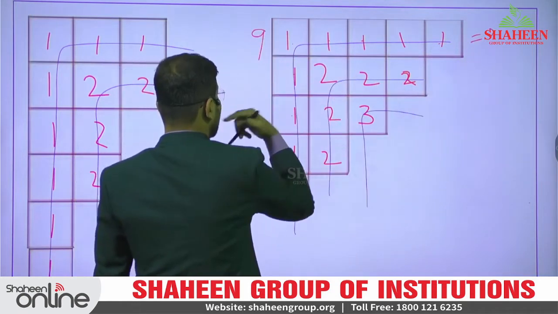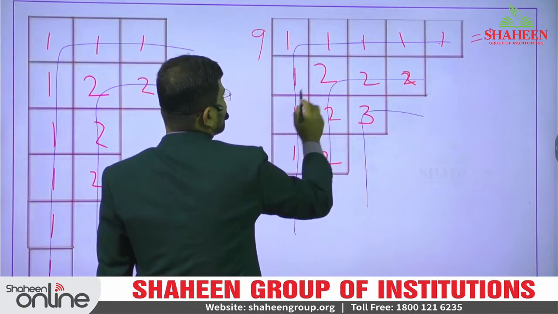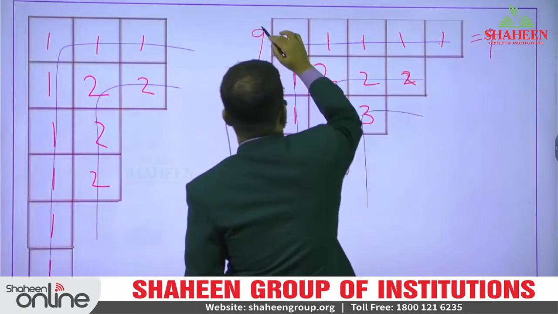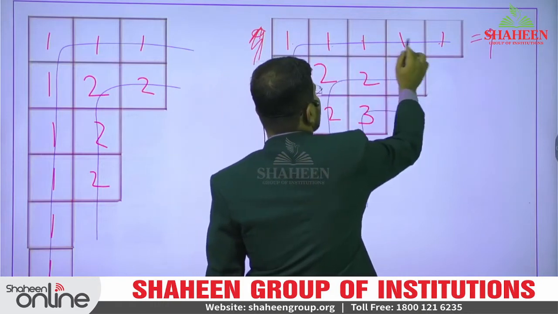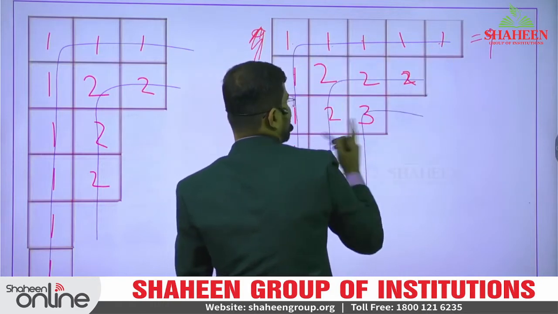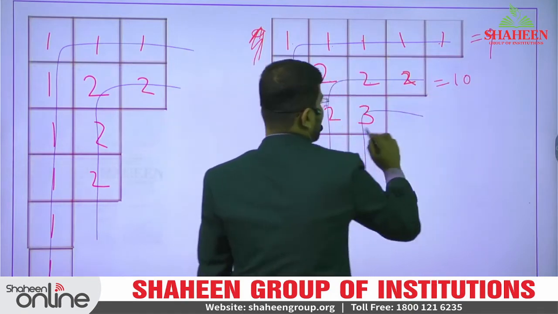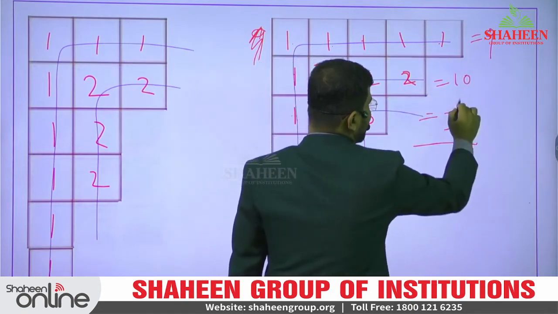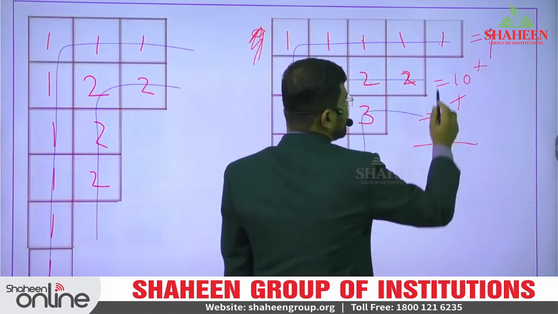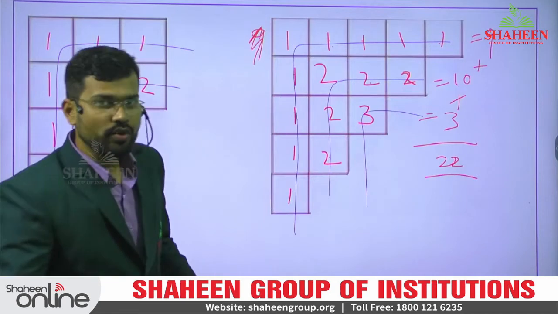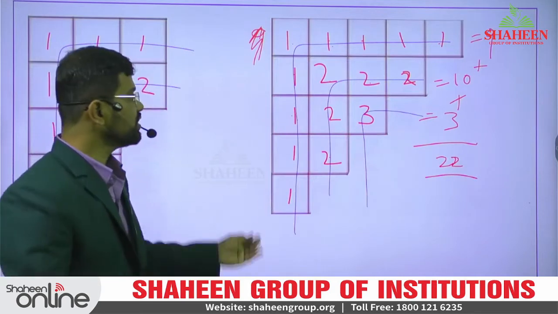Okay, 9. Add it. 1, 2, 3, 4, 5, 6, 7, 8, 9. Okay, 9. 1, 2, 3, 4, 5. 2 into 5, 10. And this is 3. Add here 10, 20, 22. There are 22 squares, including the combinations in the given figure.